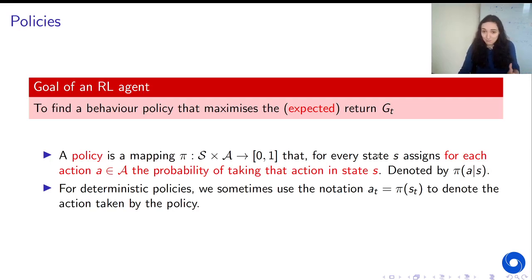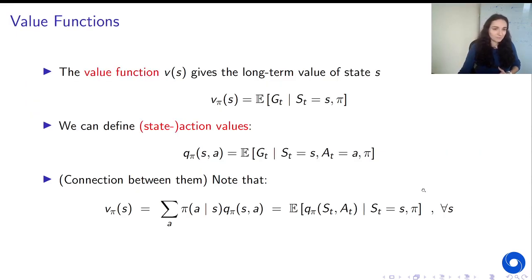And a policy is a mapping that for every state assigns to each action in the action set a probability of taking that action in that particular state. And this is the notation that we're going to be using. For deterministic policies, we sometimes use this other notation, A_t equals pi(s_t), which basically denotes just the action that is taken deterministically by that policy.